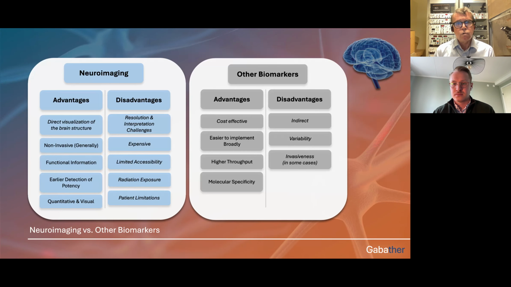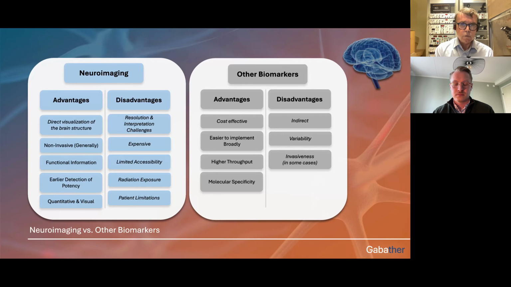And that is very true compared to any other biomarkers. And that is not to say that they are less important or irrelevant or outdated, not at all. But neuroimaging has an advantage at the very first point. You have a direct visualization of what, in our case, the drug does on the brain structure. That is, I think, already 90% of the ticket for me.